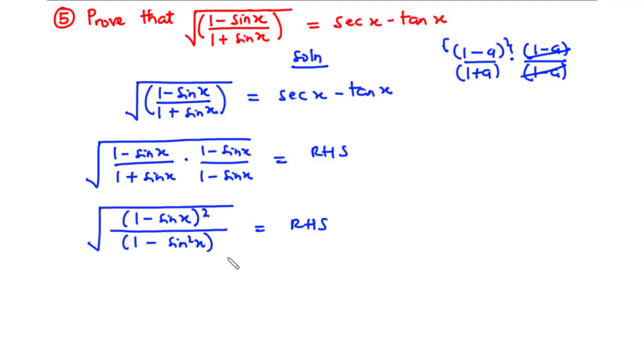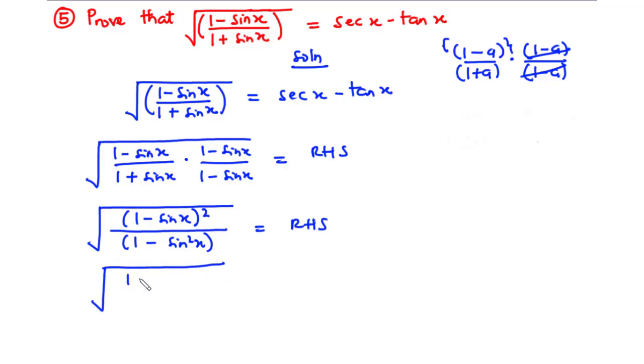Now from trig identities, we know that sine square x plus cos square x equals 1. Therefore, we can say that cos square x is equal to 1 minus sine square x. So 1 minus sine square x becomes cos square x.